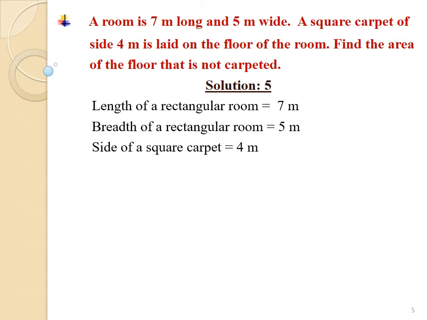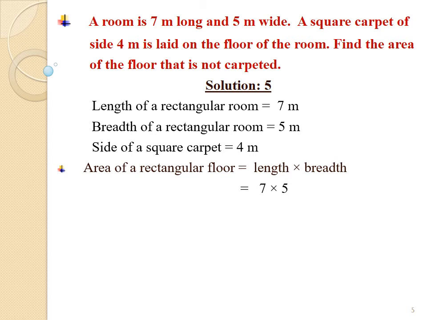Thus, area of a rectangular floor equals length into breadth, which equals 7 into 5, which equals 35. Thus, area of a rectangular room is 35 square meters.